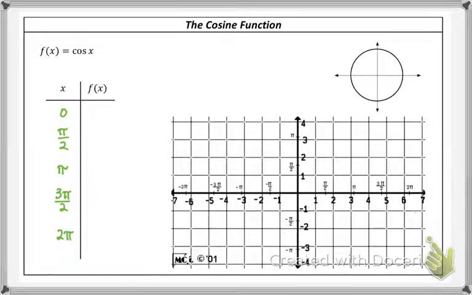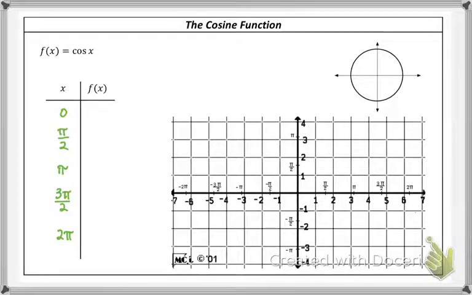Okay, so cosine of x, now this function is f of x equals the cosine of x, and cosine is x over r, right? Again, because we have a unit circle, r is 1, so cosine is just the x-coordinate of all of these points on the unit circle.